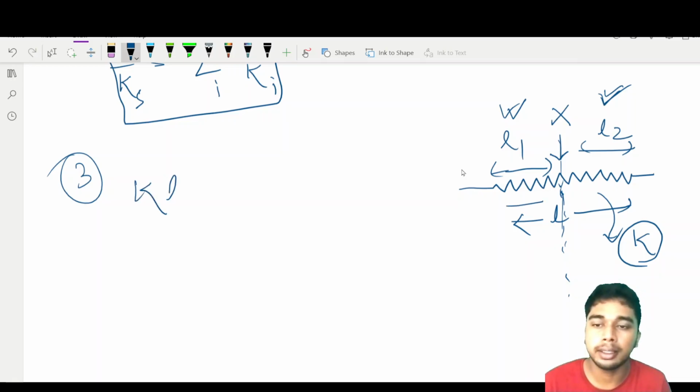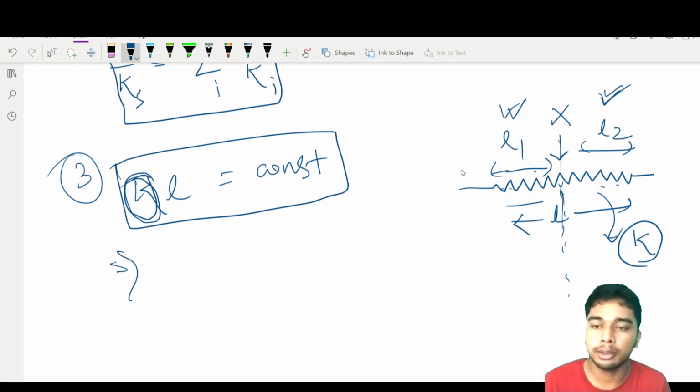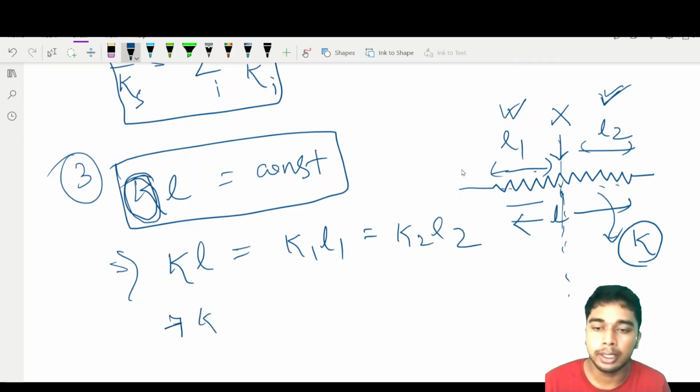We should remember that for a particular spring, the product of its spring constant and its length is constant. So I will write KL is equal to K1L1 equal to K2L2. From here I can calculate K1 and K2 directly from this relation.